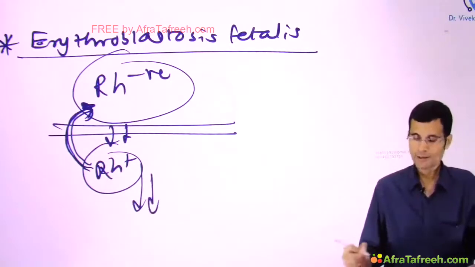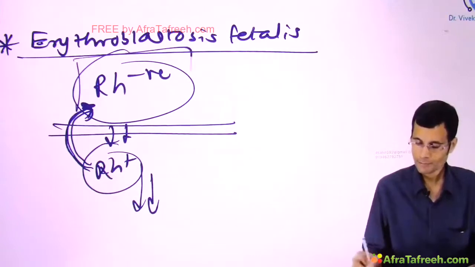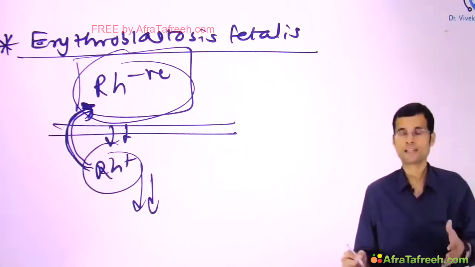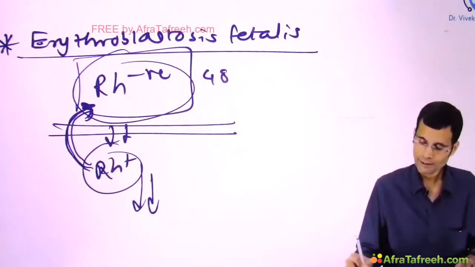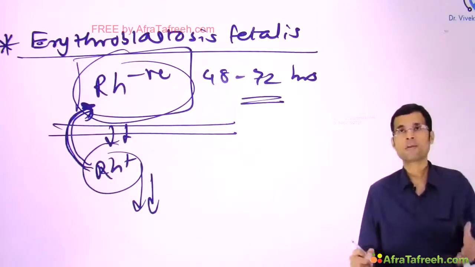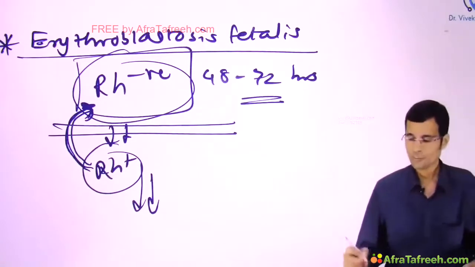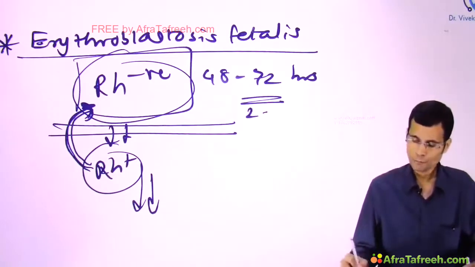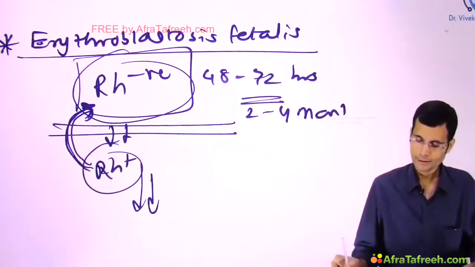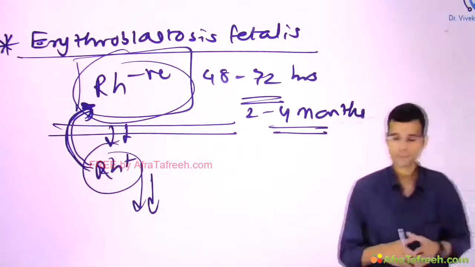Baby is delivered, but the mother is getting exposed to the Rh antigen. So within next 48 to 72 hours, she will start forming the anti-Rh antibodies. Now, next 2 to 4 months, the Rh antibodies will have been formed in her body.